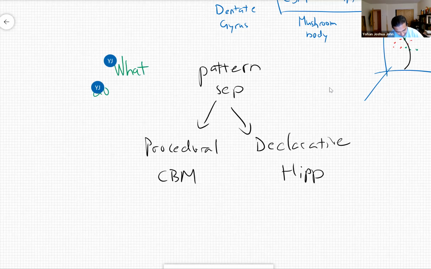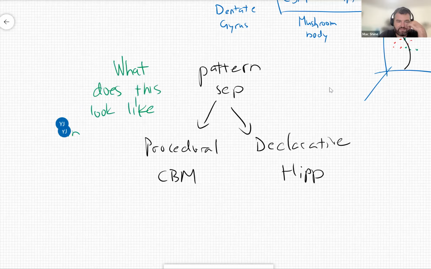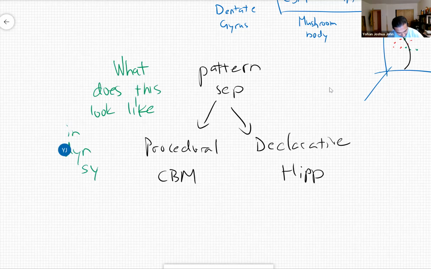Yeah. So just as a challenge, because I have no idea how to think about it now, I want to ask, what does this look like in a dynamical systems framework? In the language of attractors and things like that, because it would be cool to then map that onto the thalamic loop story.